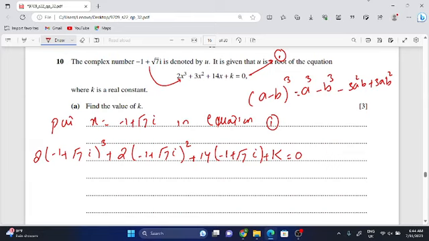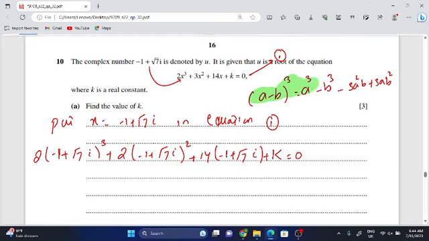I have to do simplification. (Minus 1 plus square root 7 i) whole cube can be opened by the formula that is written under the green marker. That's why first of all I wrote down the cubic formula over here.